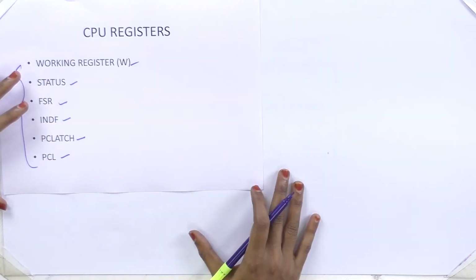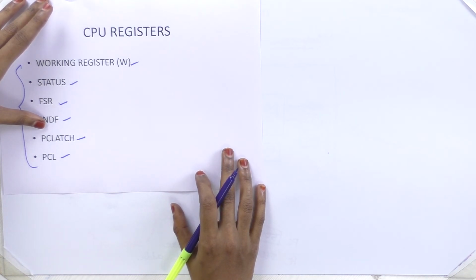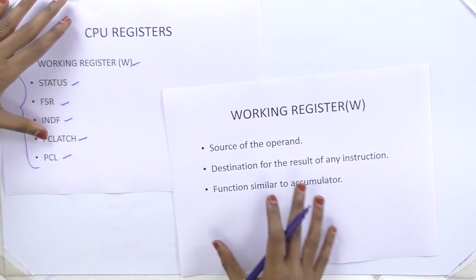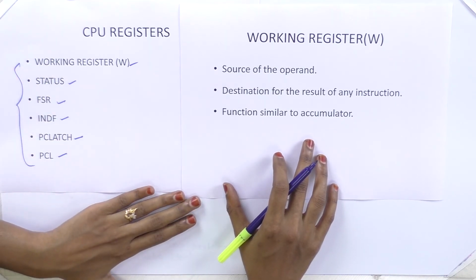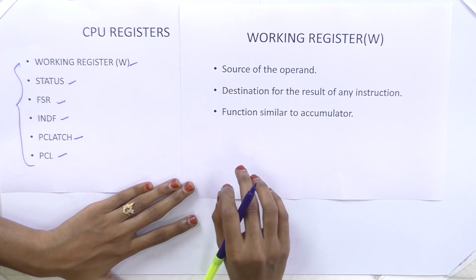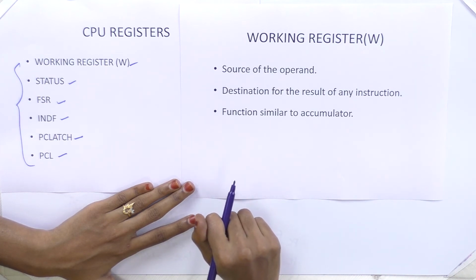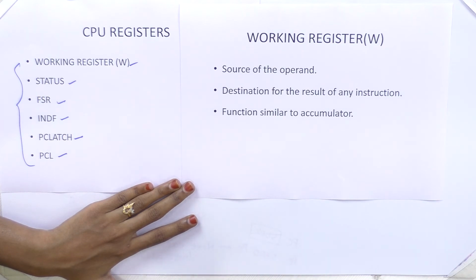Fine. So now we will discuss the CPU registers of the PIC microcontroller. The first register is the working register. This working register is like the accumulator in the 8085 microprocessor. In the 8085, for performing an operation we use the accumulator, and the result is stored in the accumulator.